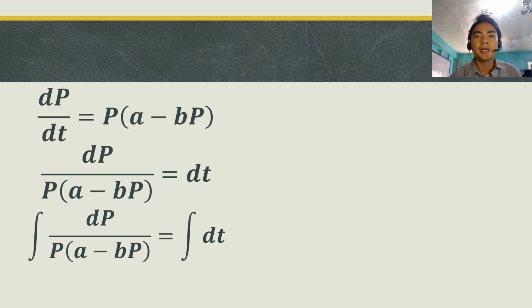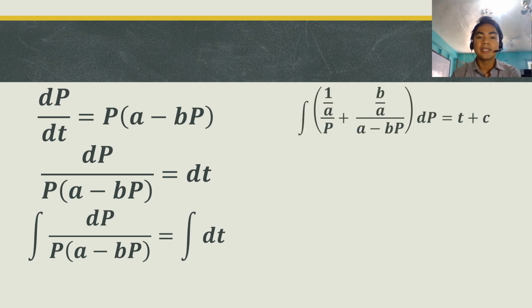The interesting part here is the left side, which is somewhat complex, but the correct approach is partial fraction decomposition. Applying partial fractions, we have the integral of the quantity 1 over a all over P plus b over a all over a minus bP dP is equal to t plus c.